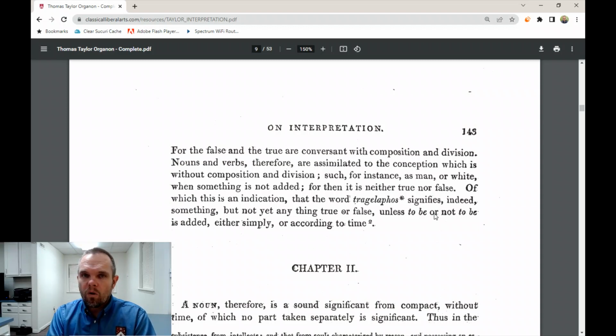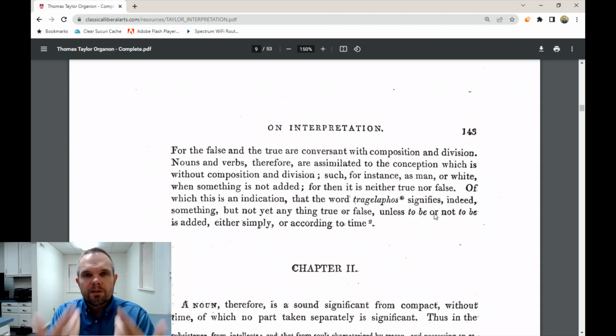So sun and cold can be articulated truly if they're divided. Sun and cold would be articulated falsely if they're composed or joined. Sun and hot, if joined, would produce a truth. Sun and cold, if composed, would produce a falsehood. So that's why the false and the true are conversant with composition and division. Composition saying that this is this, and division saying this is not this.